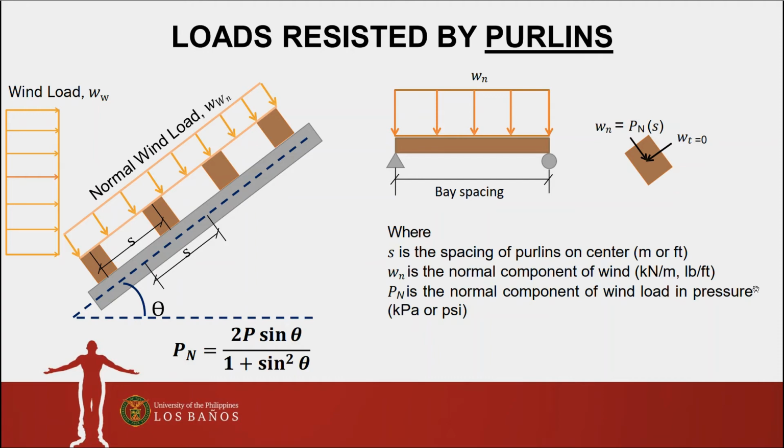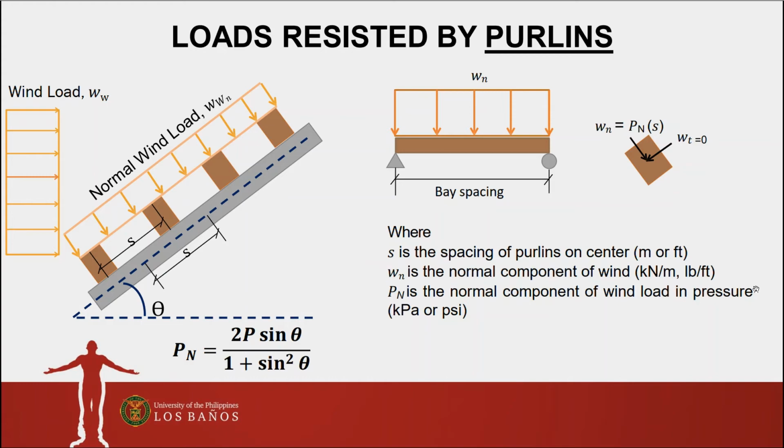So in order to change the projection of the wind load from the vertical to the inclined length, we will need to multiply the pressure, or sorry, the wind load in kilonewtons per meter squared, or psi. So we need to multiply it by the factor of 2 sine theta over 1 plus sine squared theta, where theta is the roof pitch angle.